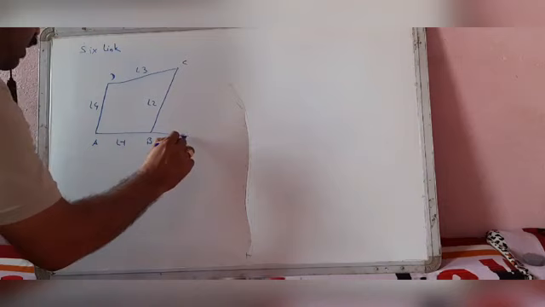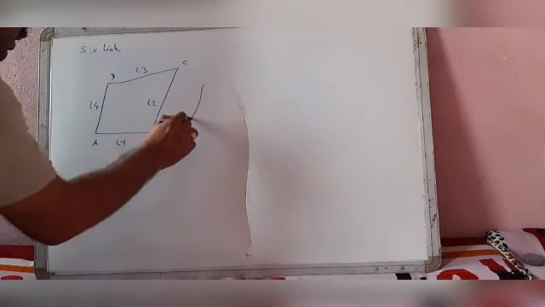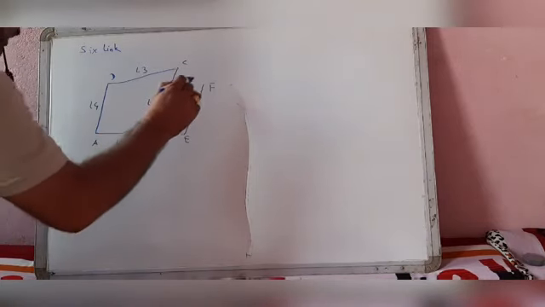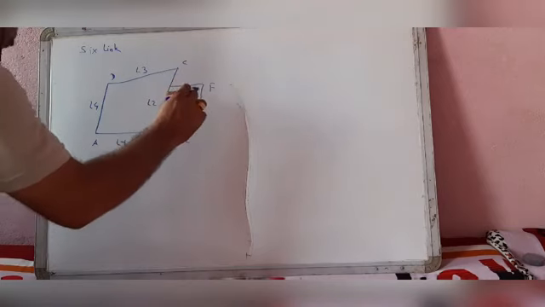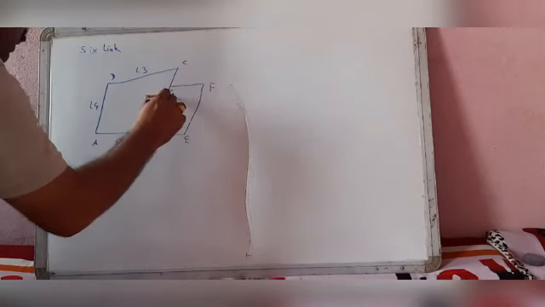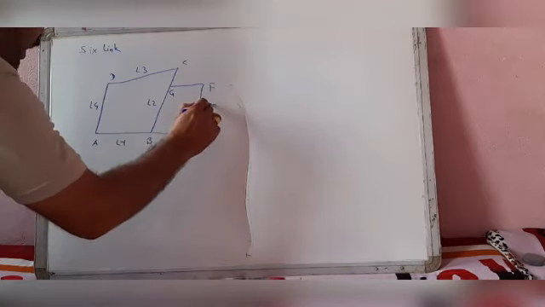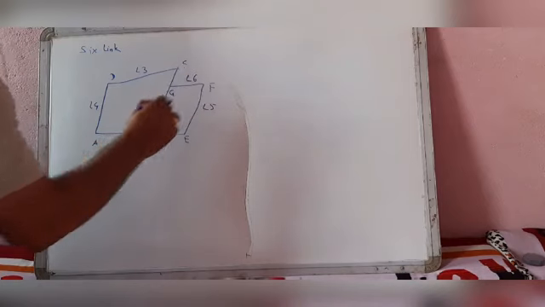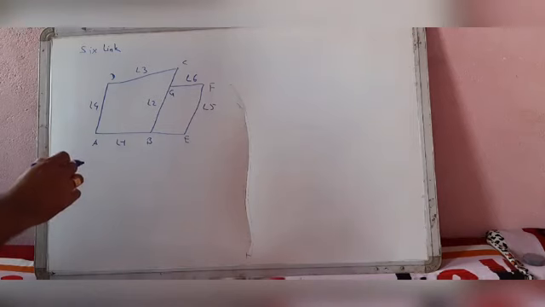And we add here 3 more links: BE, then EF, and FG. Here this is link 5 and link 6. So here 6 links are connected.